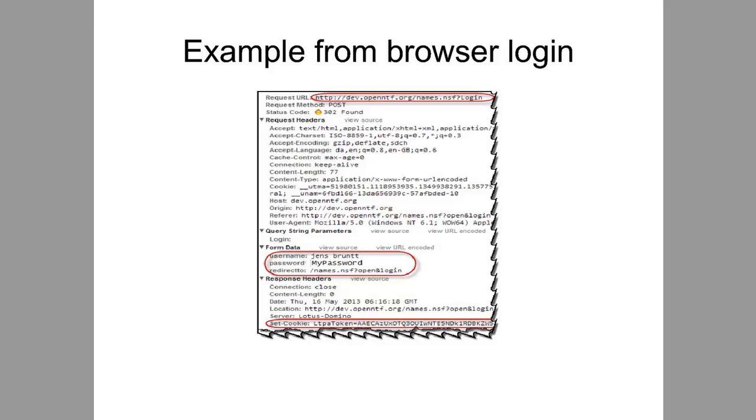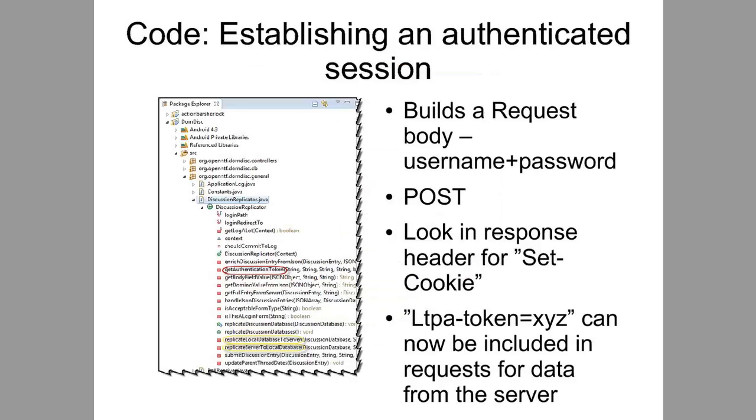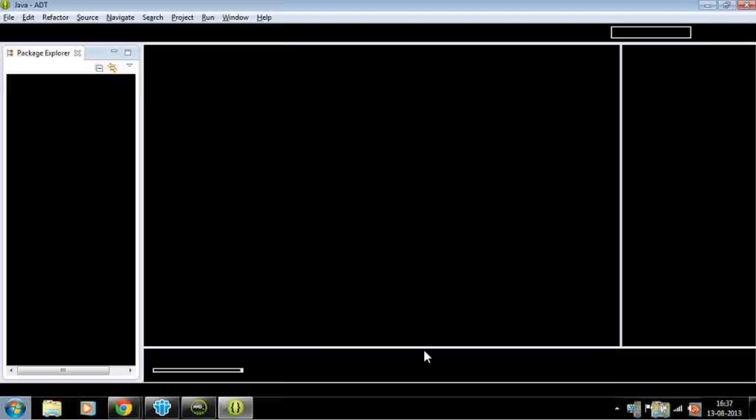So what you do is you take this value, put it in a variable, and then you start using that in your calls to the REST API. And then you will be authenticated, and you will get data from the Domino server. Right. And I'll now move over to showing you some code.